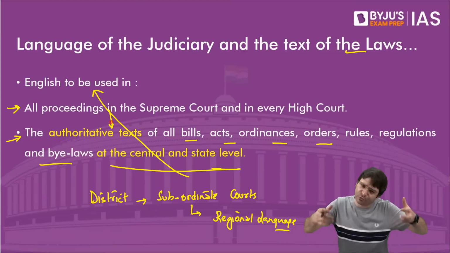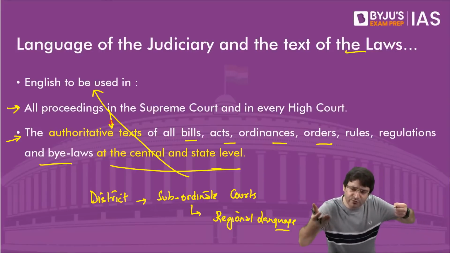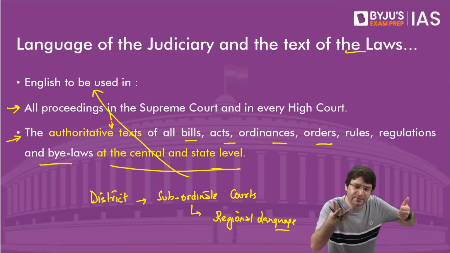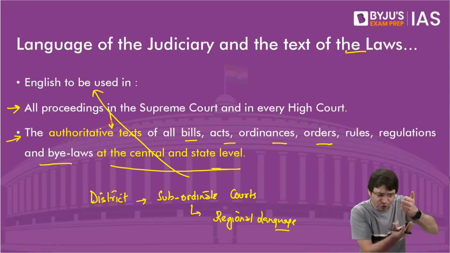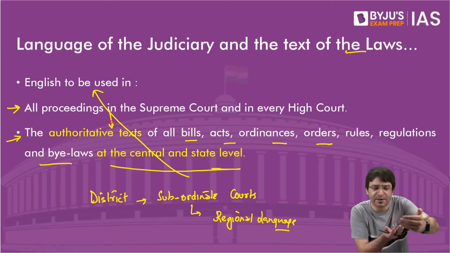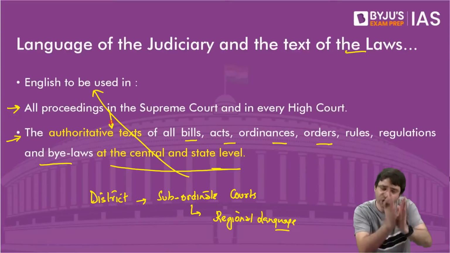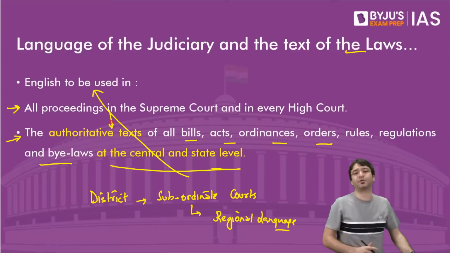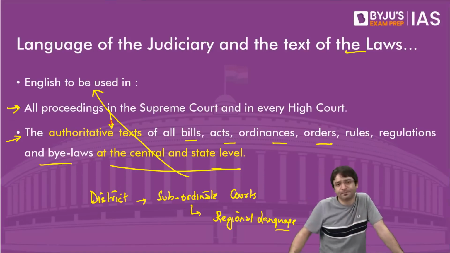Both have the same sanctity as the constitution. But later on, when the constitution was amended, only the English constitution would be updated, not the Hindi one. Mr. Vajpayee became the prime minister and said from now onwards, even an amendment to the Indian constitution would have to be translated in Hindi as well, so that this Hindi constitution is also updated with the amendments. And now this amendment to the Hindi constitution is also the authoritative text of the constitution. That means it has the same status as that of the English constitution.